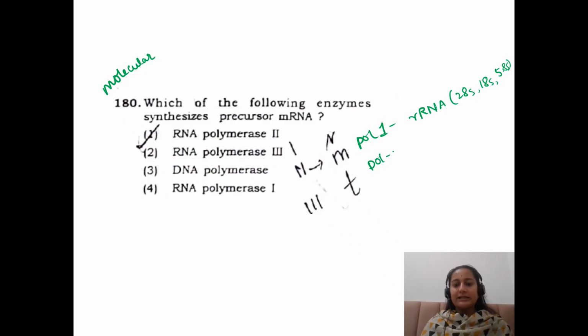Whereas polymerase 3 is responsible for tRNA as well as 5S rRNA and snRNA. Whereas coming to RNA polymerase 2, it transcribes heterogeneous nuclear RNA, the precursor of mRNA. So RNA polymerase 2 will be the answer.